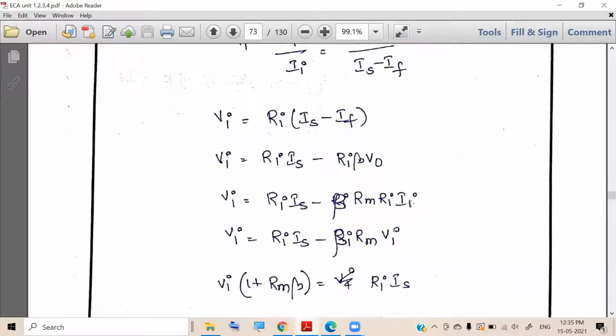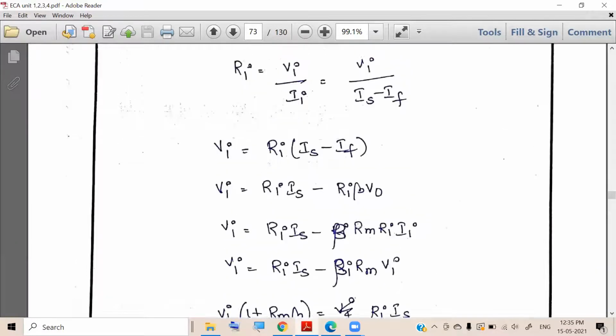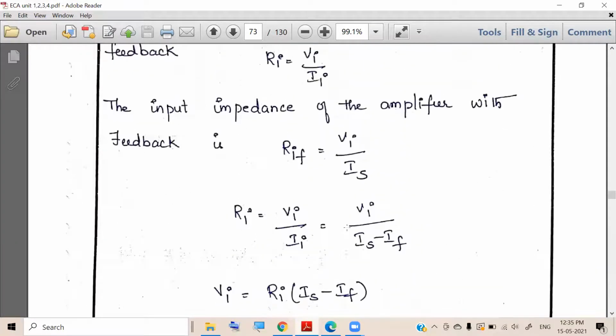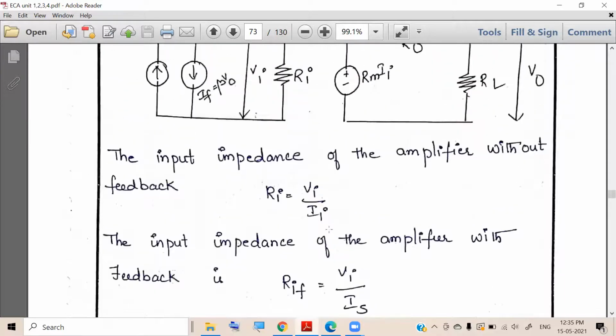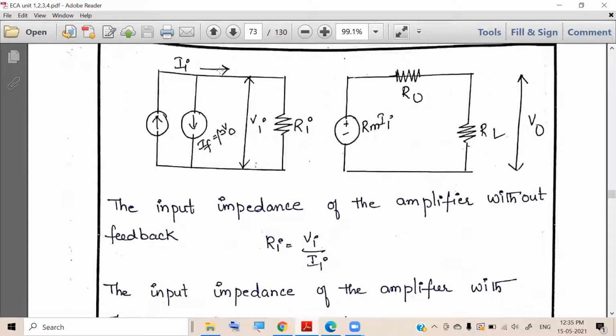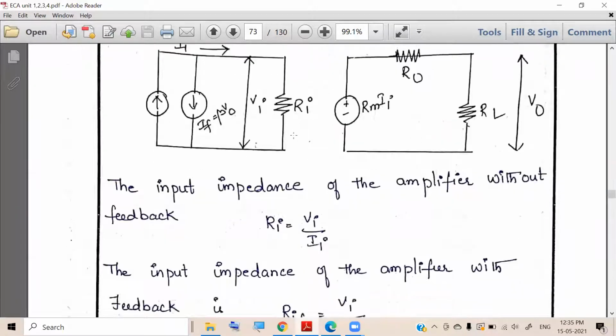Next, here we have Ri into Ii. In this circuit, Ii is this current, so Ii into Ri is nothing but Vi.